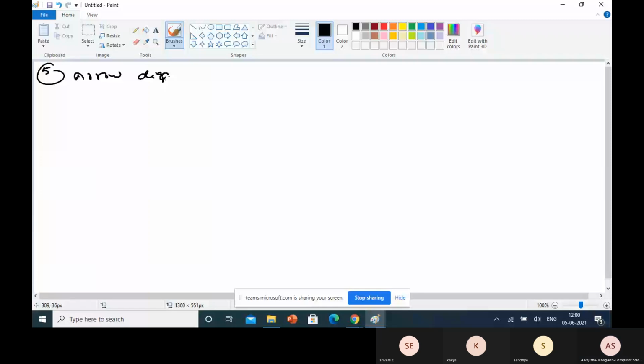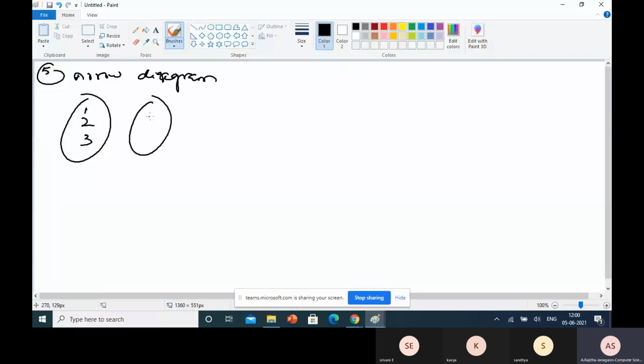That is 1, 2, 3, and here again 1, 2, 3. So 1, 1 some relation is there and 2, 2 some relation is there. 3, 3 some relation is there. 1 to 2 and 1 to 3. Next 2 to 3. So this is the arrow diagram.